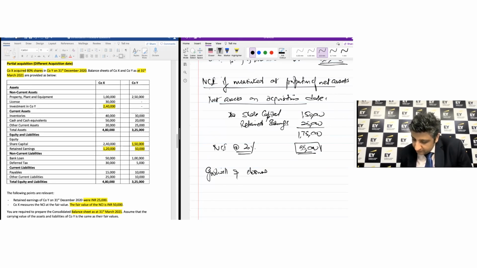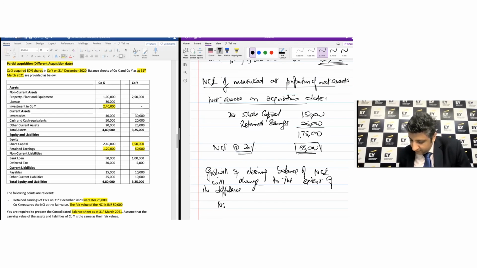Right? Now the NCI simply calculated 35,000, which means that the goodwill and closing balance of NCI will change to the extent of the difference, right?